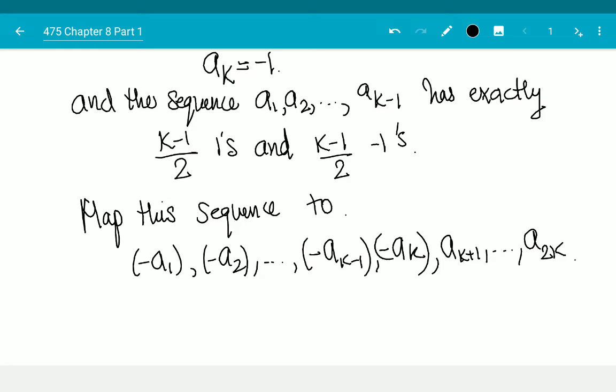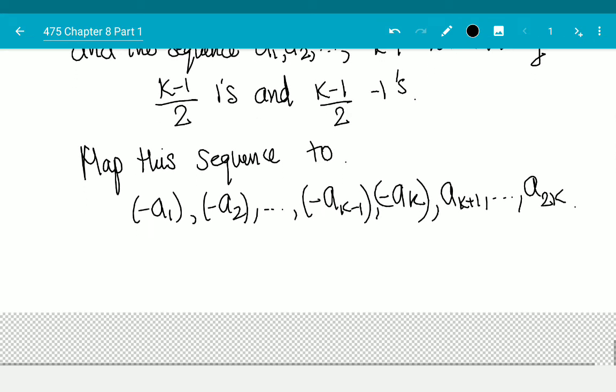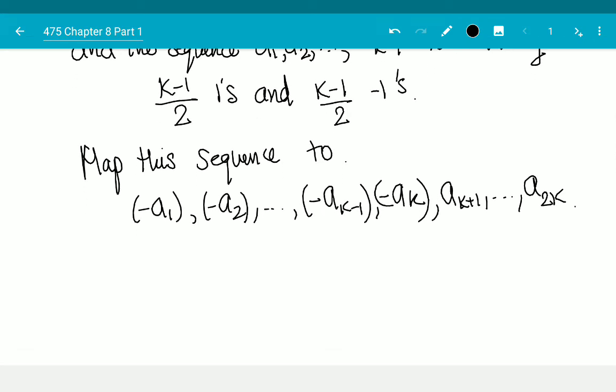Okay, so now how many ones are there and how many negative ones are there in this new sequence?